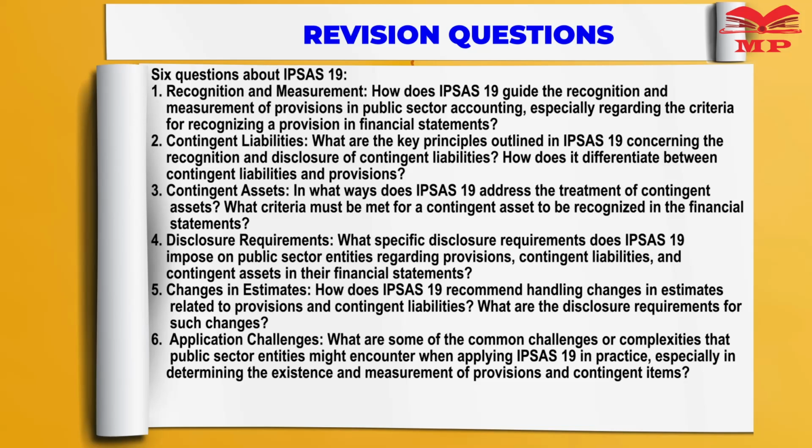Number 5, how does IPSAS 19 recommend handling changes in estimates related to provisions and contingent liabilities? What are the disclosure requirements for such changes? Then lastly, what are some of the common challenges or complexities that public sector entities might encounter when applying IPSAS 19 in practice, especially in determining the existence and measurement of provisions and contingent items?